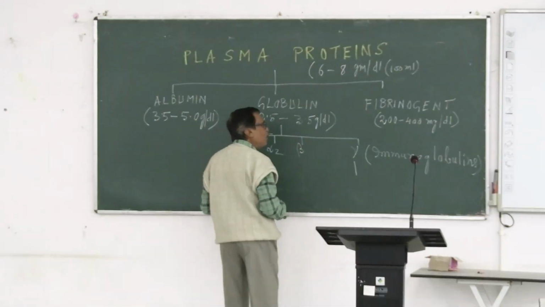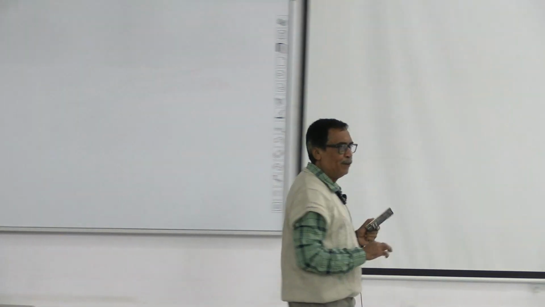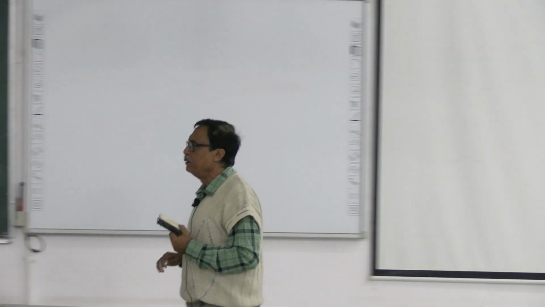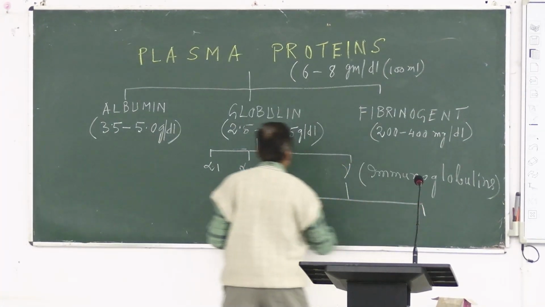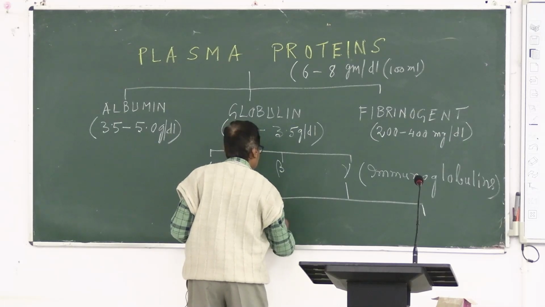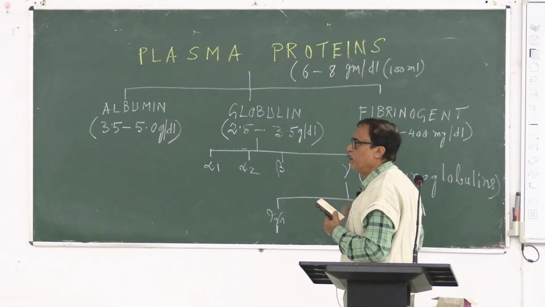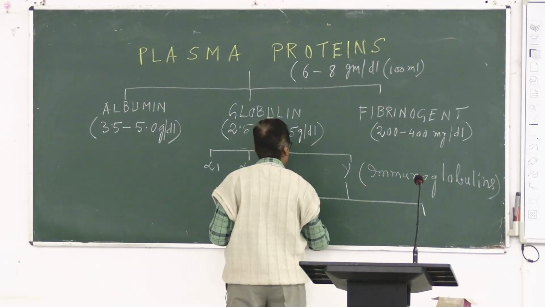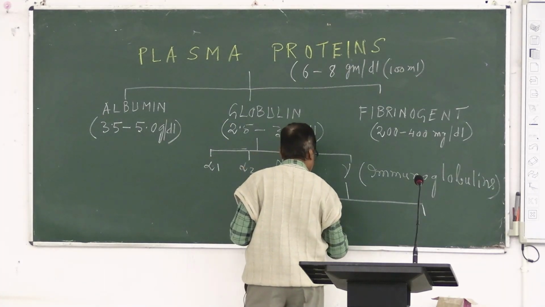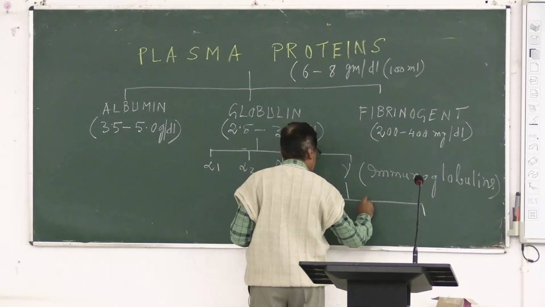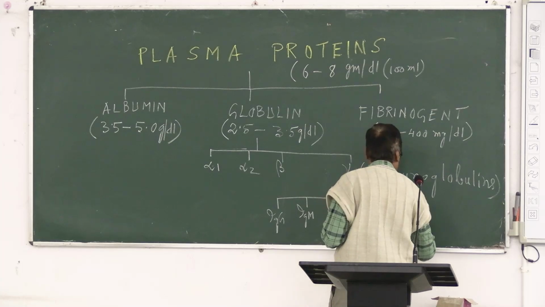Immunoglobulins are of 5 types, as you perhaps know: immunoglobulin G, IgG, which is the largest portion of the gamma globulin, then IgM, IgA, IgD, IgE.